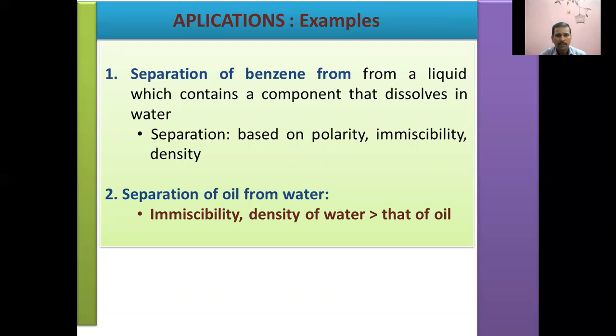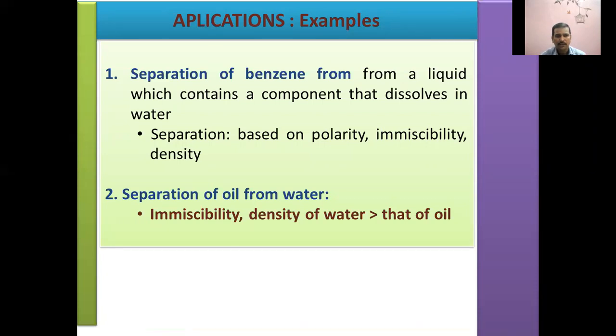I will give you a mixture containing benzene and another liquid that shows better solubility in water. I will ask you to separate them. How to do this? You have two components, benzene and the other liquid. The other liquid's solubility in water is more, but benzene has no solubility in water. So you can separate.